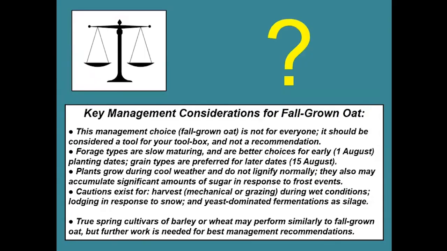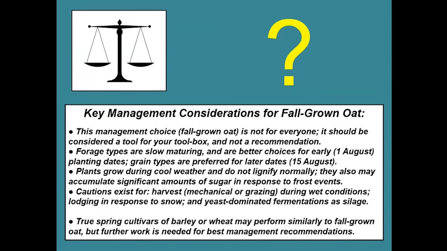Okay, so to summarize, and particularly for this last scenario, this management choice, which primarily we've discussed as fall-grown oat, is not for everyone, and it should be considered as a tool for your toolbox and not a recommendation. I think that's important to state up front. It may not be something you want to do, but it is an option that's available.